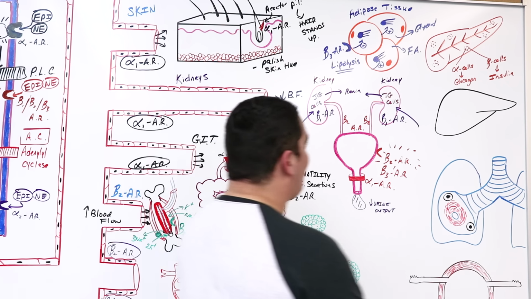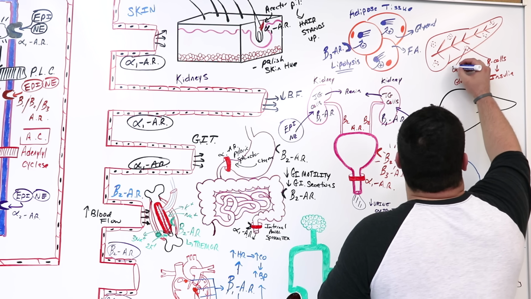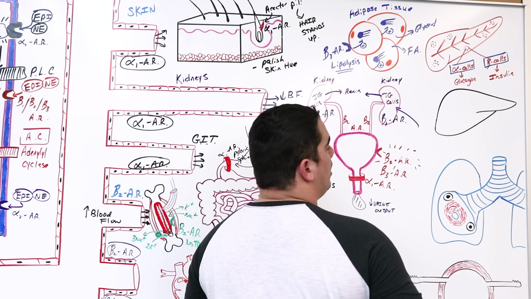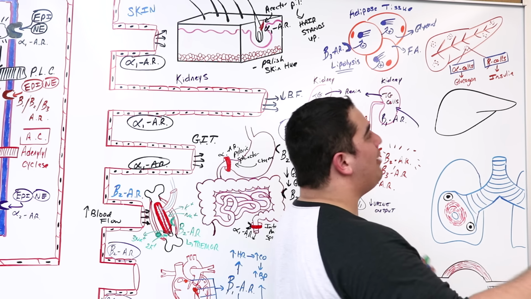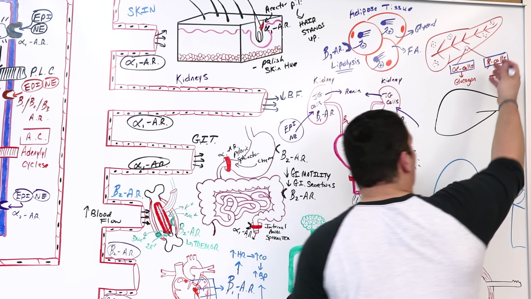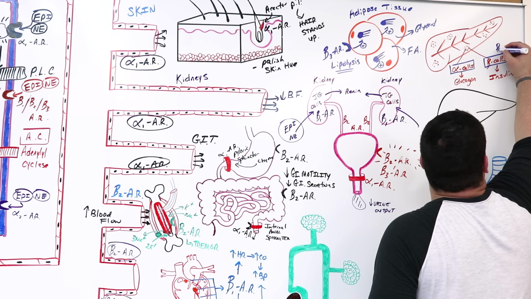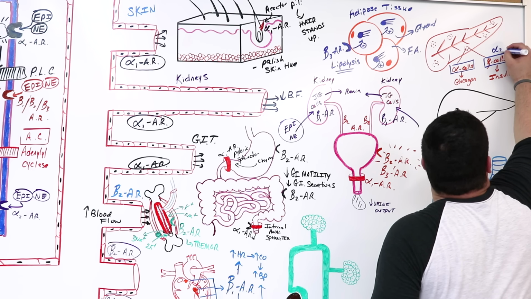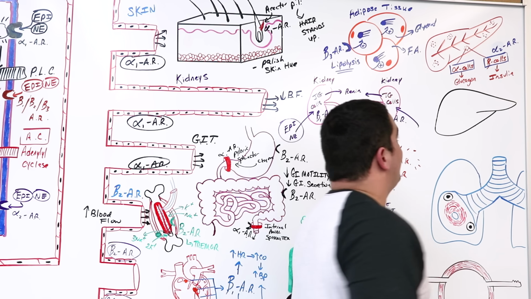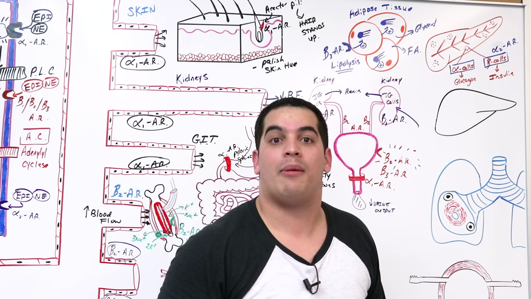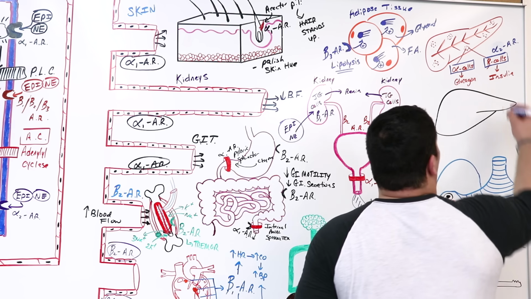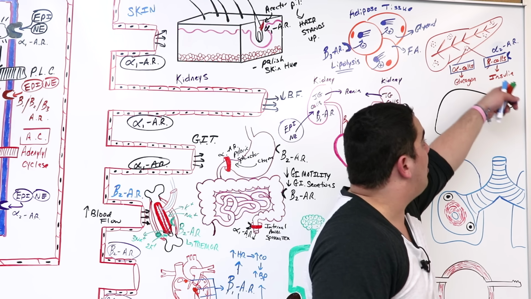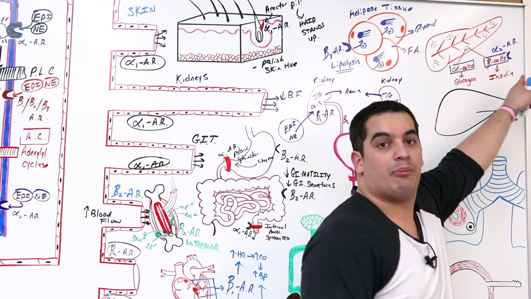So if that's the case, I'd want to stimulate this one and inhibit that one. So guess what? It's a little weird. The alpha cells, we said that the sympathetic nervous system, we would prefer to stimulate this one. And then the beta cells, we would prefer to inhibit that one. Remember, I told you if you want to inhibit things, usually that's beta 2. So guess what? It's not beta 2 in this one. It's actually alpha 2 adrenergic receptors. So alpha 2 adrenergic receptors are located on the beta cells, and if these are stimulated by the norepinephrine or the epinephrine, it's going to increase potassium ion efflux, which is going to keep the beta cells from being stimulated.